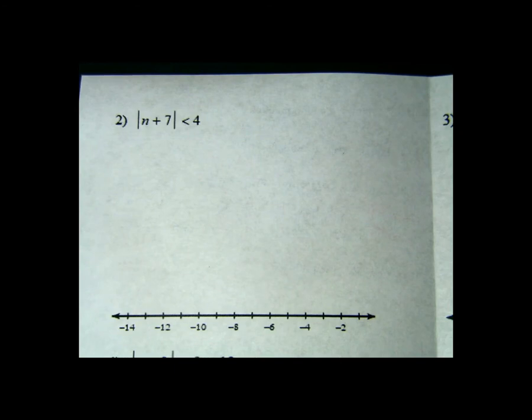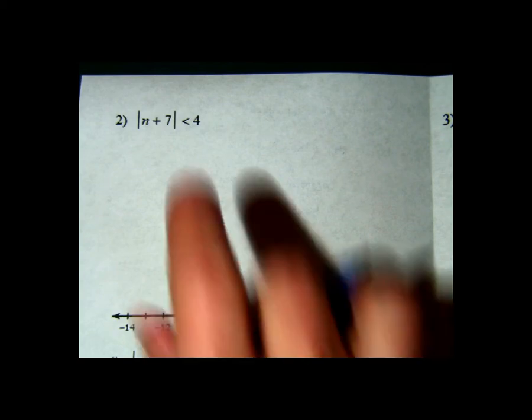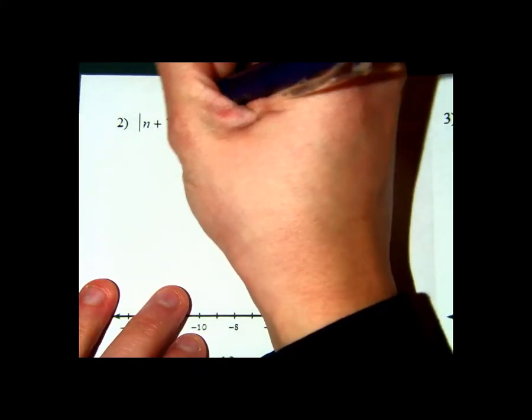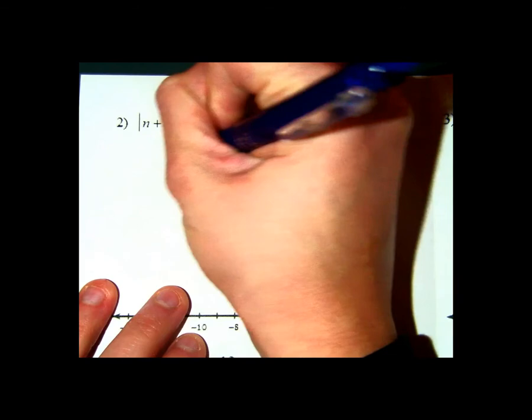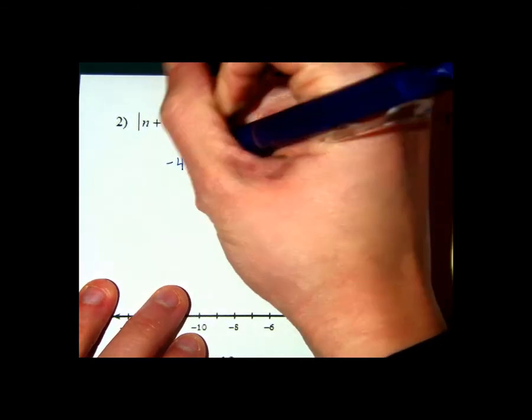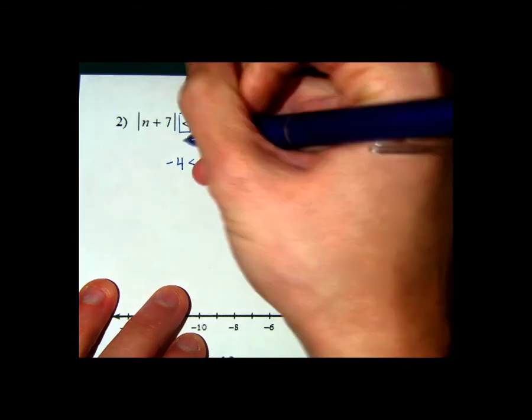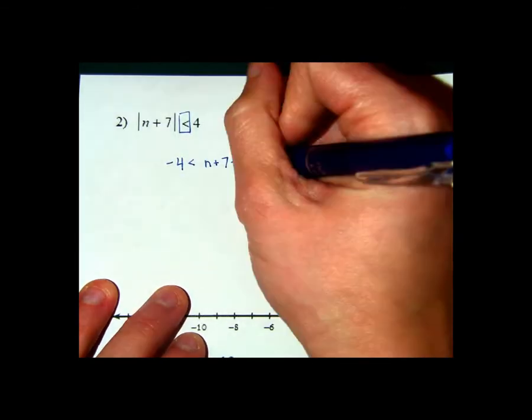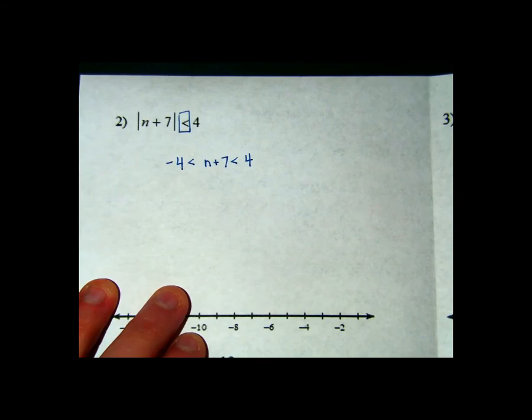It has already been solved for the absolute value is already by itself, so I don't have to worry about that. What I do need to do is set it up. This one is also a less than symbol. So again, I'm going to have an and compound inequality where I take the 4 and start with negative 4, less than, whatever's inside, less than positive 4.